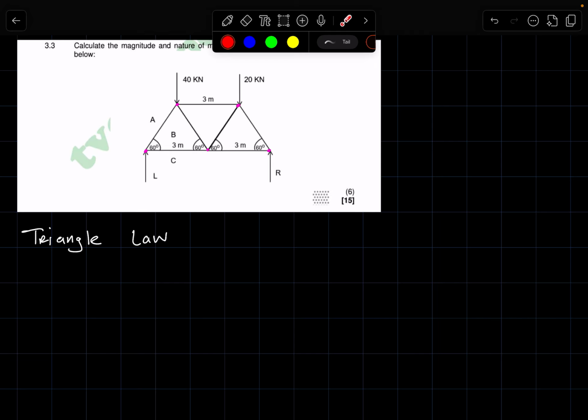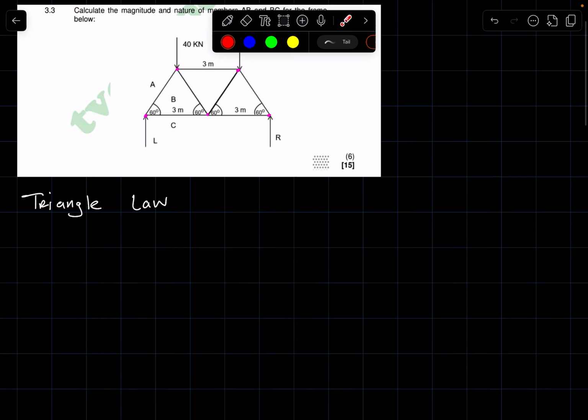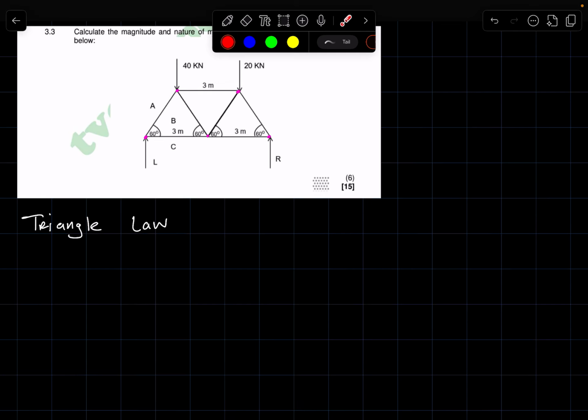The head-to-tail direction essentially tells us that the triangle is closed. If the triangle is closed, it means the forces or vectors that you are using are in equilibrium.